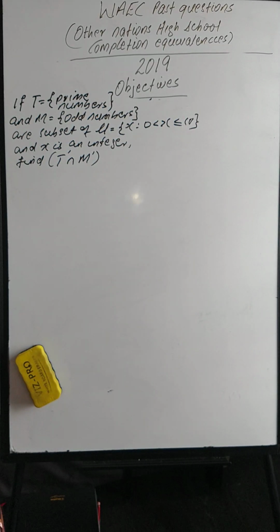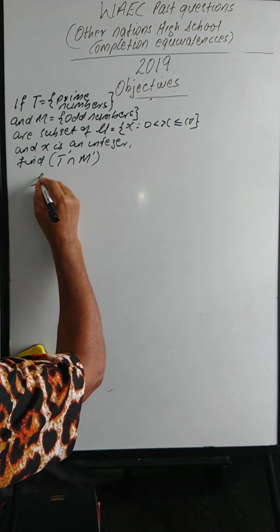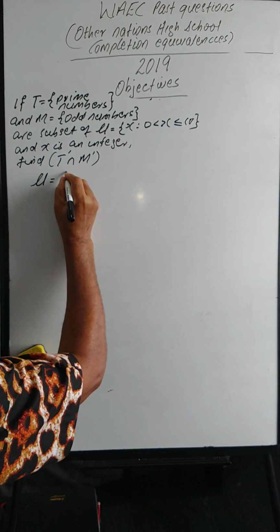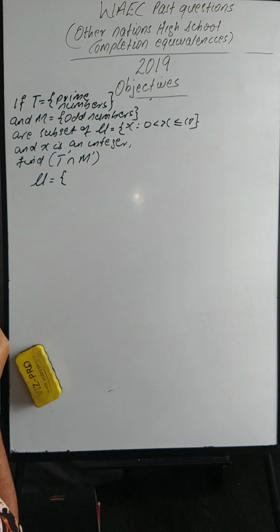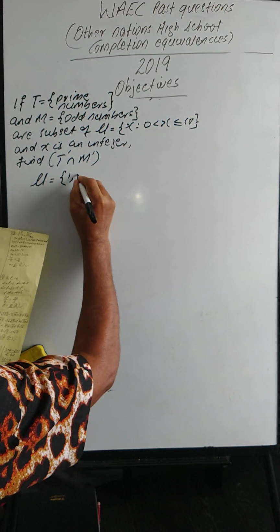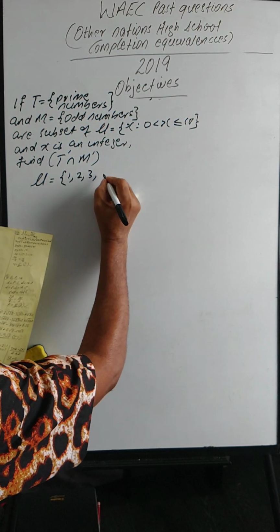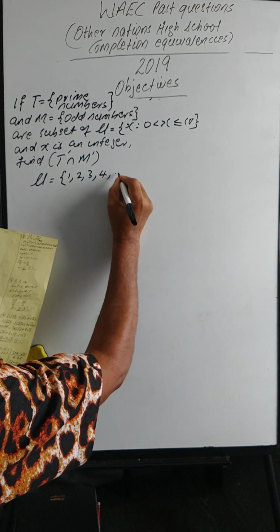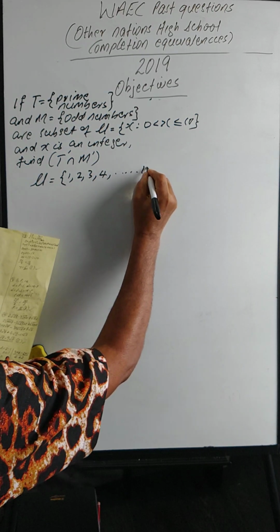In a solution to this, we now write the universal set is equal to the set of 1, 2, 3, 4, and up to 10.